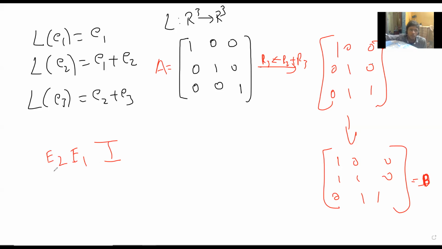And this is what L does, but to the rows. Usually we write it as columns. So let's not do this because this will just confuse people and lead to big confusion. Let's leave this. Then we are done.